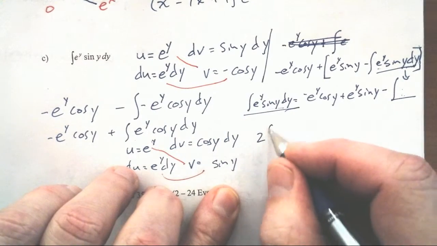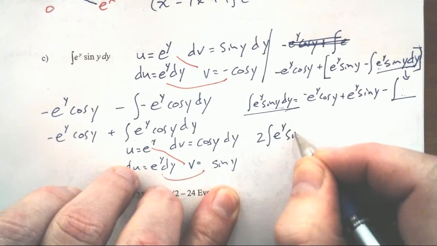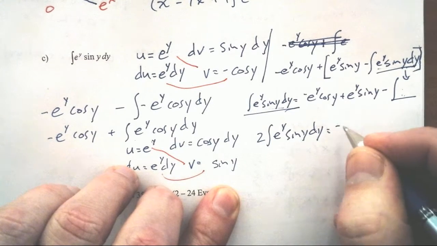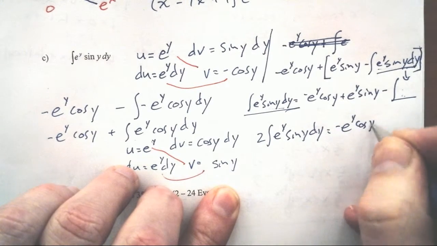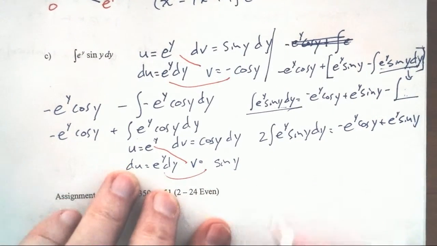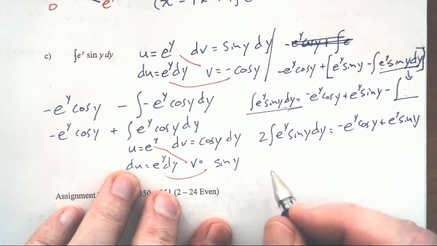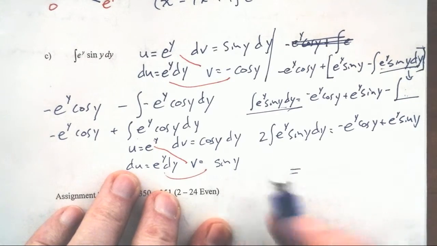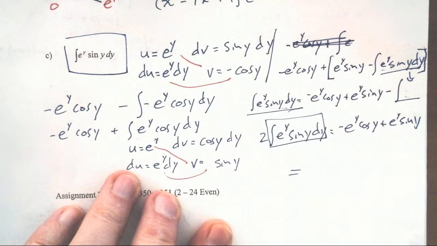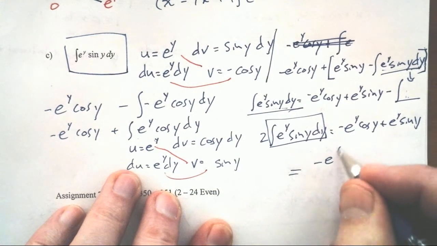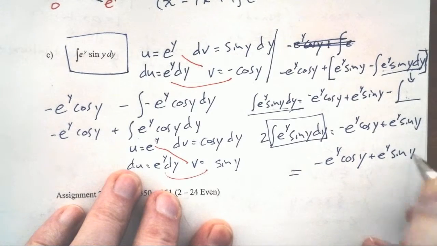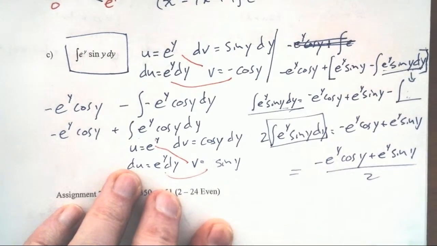And I get 2 times the integral of e to the y sine of y dy is negative e to the y cosine of y plus e to the y sine of y, for a final answer of, divide by 2, and I've solved for that: negative e to the y cosine y plus e to the y sine of y, all over 2. What could we do to this?